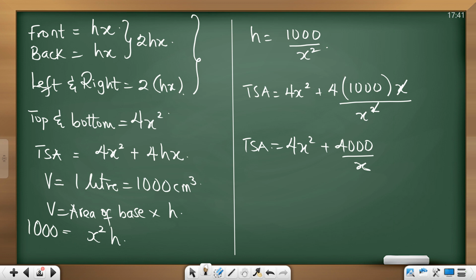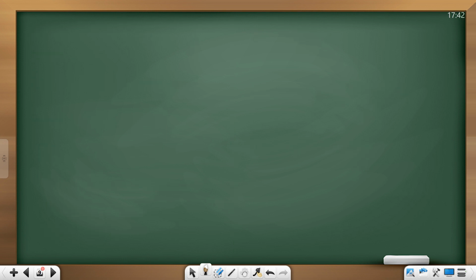X cannot be a denominator. Our area is 4x squared plus 4000 x to the power of negative 1. Can I derive now? What are we going to have? Let's derive.